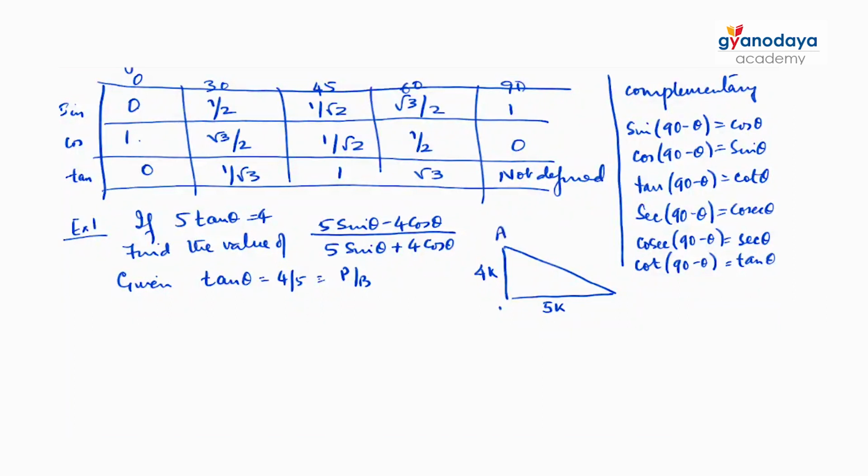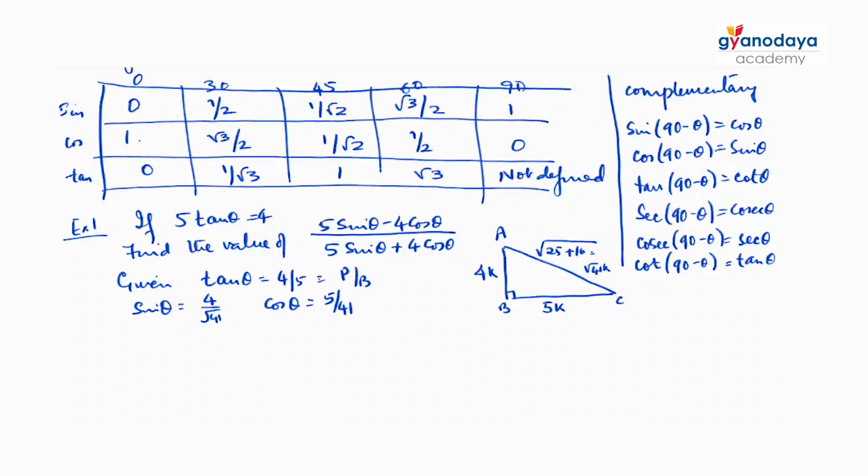So in triangle ABC, the hypotenuse will be the square root of 25 plus 16, which is 41, so root 41 k. Based on this, sin theta is perpendicular over hypotenuse, which will be 4 by root 41, and cos theta will be 5 by root 41, and we substitute the values of sin theta and cos theta in the expression.